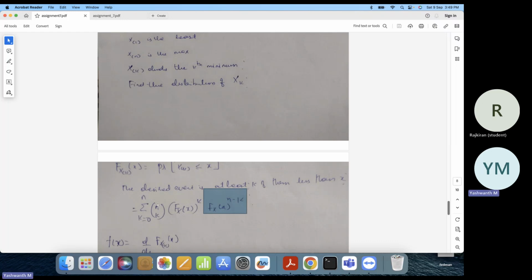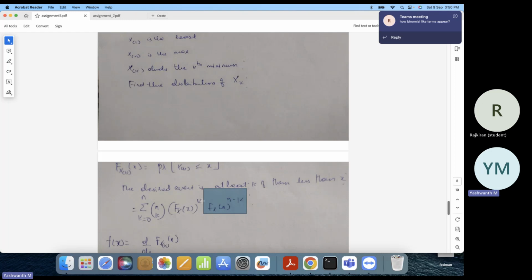Okay, so why do we get this n choose k? Because those k can come from anywhere out of n. How does the binomial term appear?